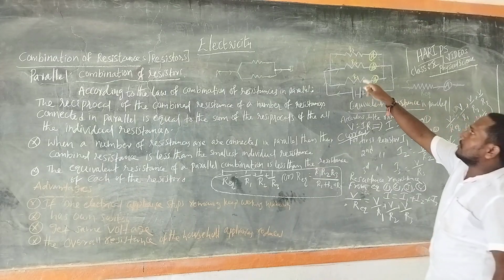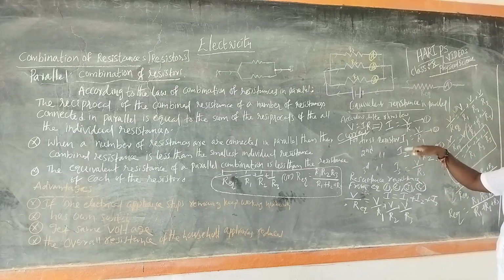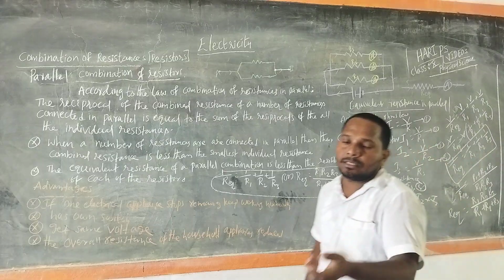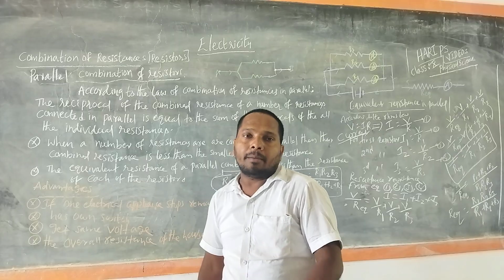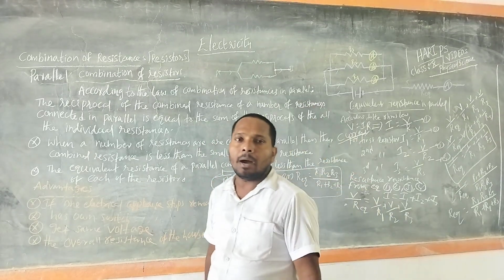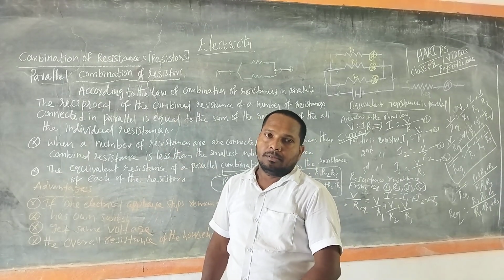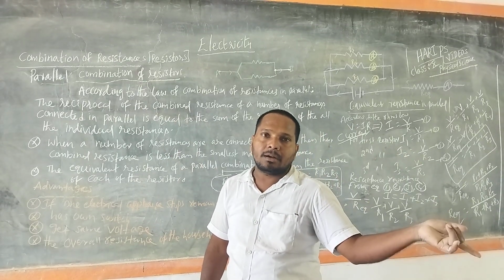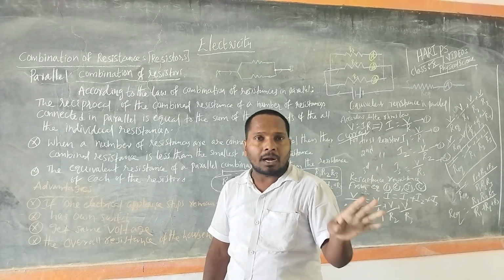Three resistors R1, R2, R3 have different amounts of electric current passed through them according to Ohm's law. Now, the advantages of parallel combination in household appliances. In case of series, if one electrical appliance is not working, the remaining are not working.